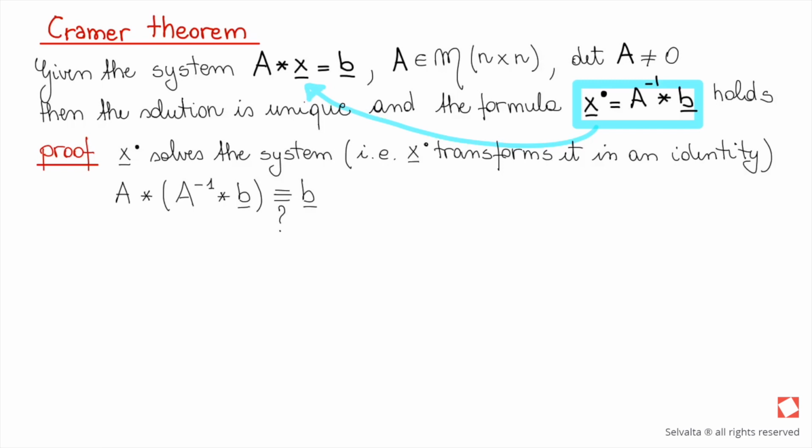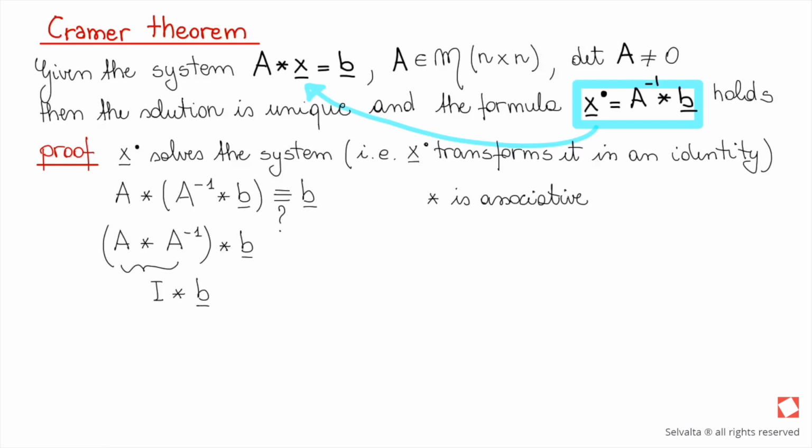Now, remark that the product among matrices is not commutative, but it is associative. Hence, I can move brackets and, for instance, proceed multiplying A times A minus 1 first, and then multiplying by B. By definition of inverse matrix, the product of any matrix times its inverse provides the identity matrix.